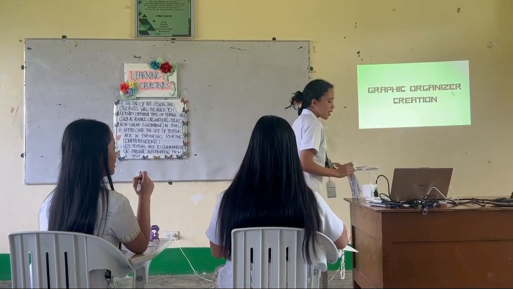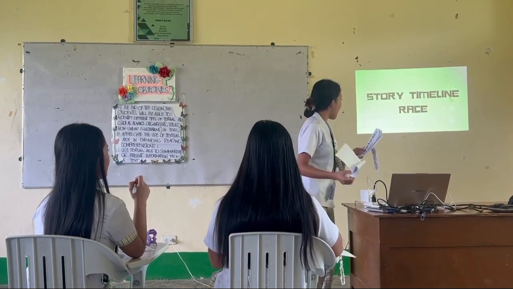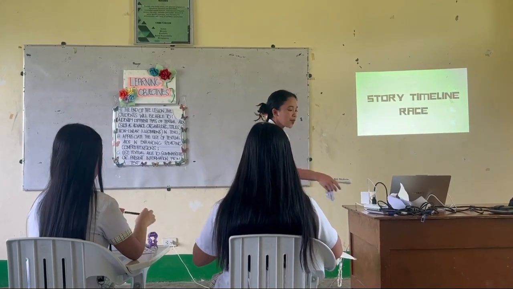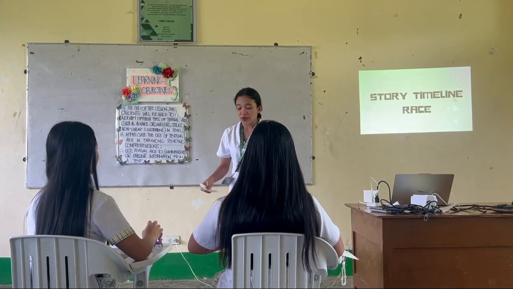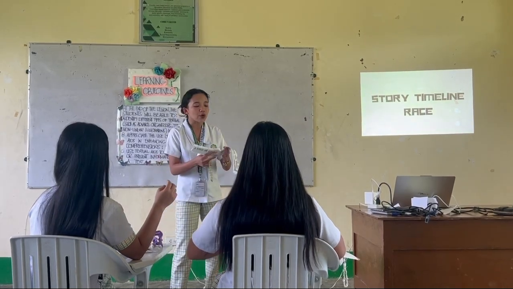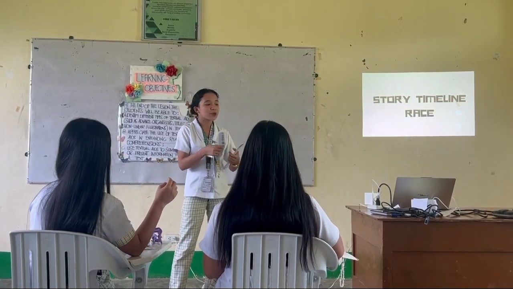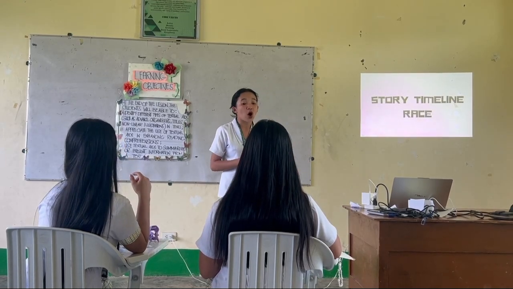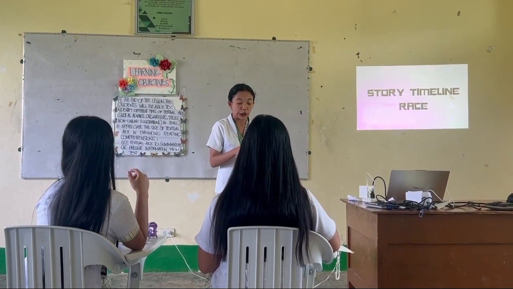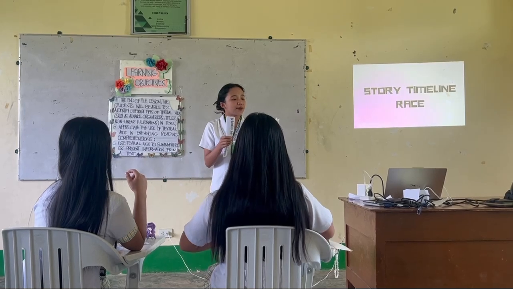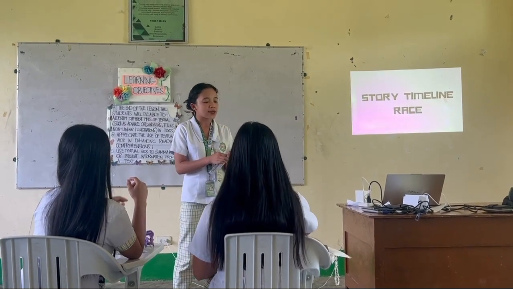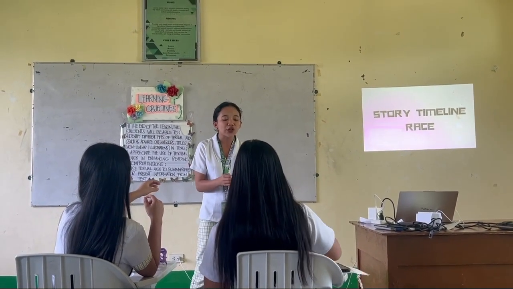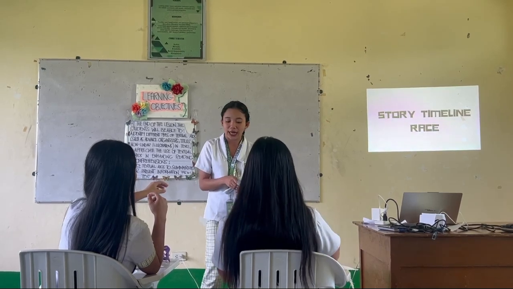So our next activity is story timeline break. In this activity, since a lot of you are absent today, I will give you this piece of paper, and these pieces of paper contain sentences with the main events of the story that had been read earlier. I want you to arrange them in order correctly.